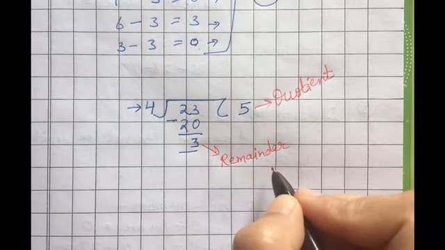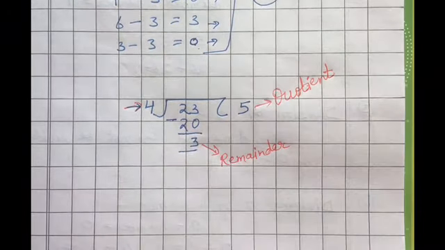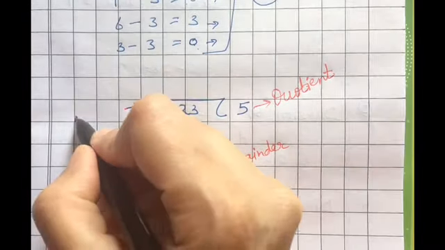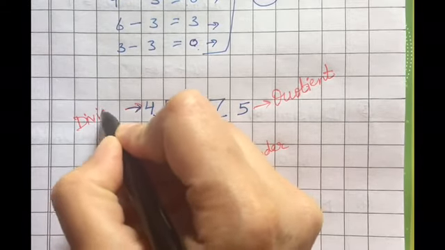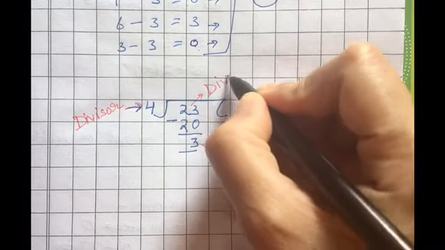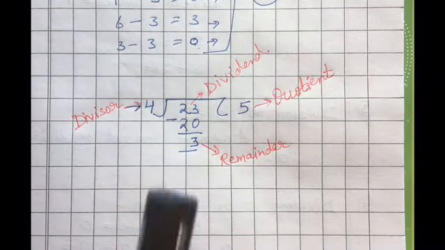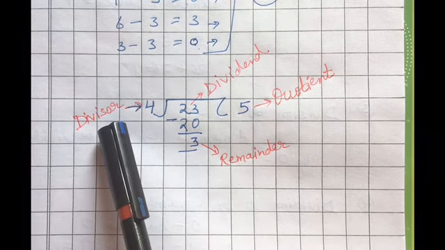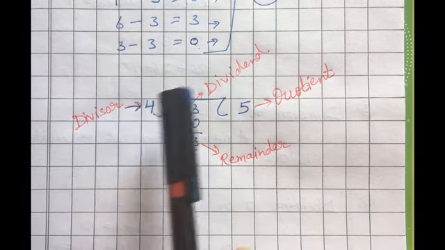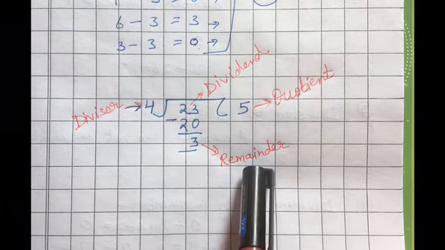This 4 by which we are dividing a number is called the divisor, and this is the dividend. So these are the 4 terms which are used in division: divisor, dividend, quotient, the answer, and remainder, the leftover.